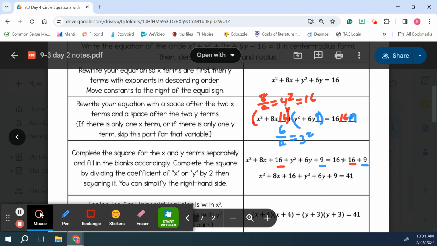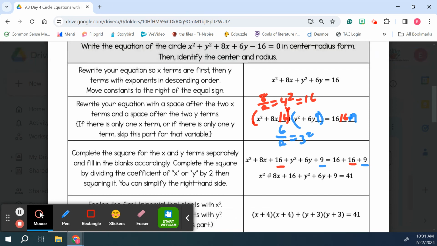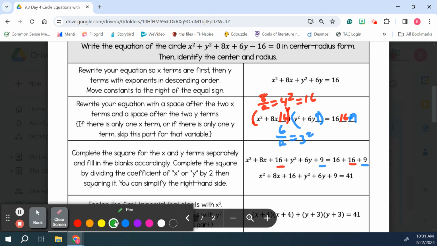After inserting them with the blanks, you would add this up. That gives you 41. And then you're going to kind of separate these two. Okay, and when you separate them, you are going to factor the x's separate from the y's.